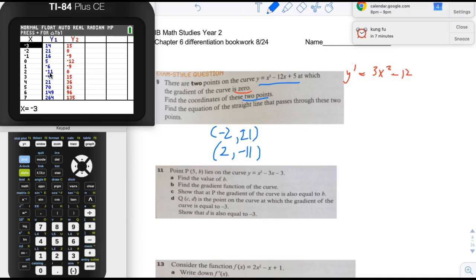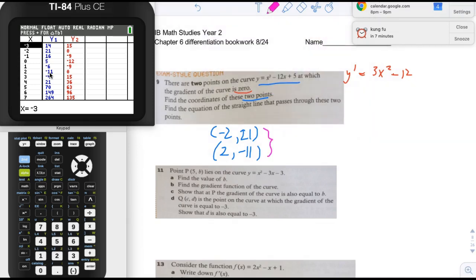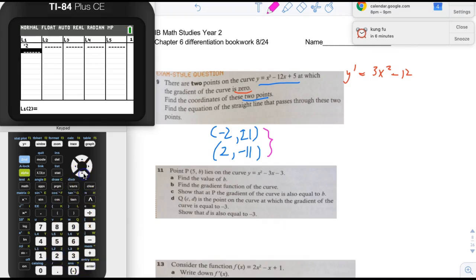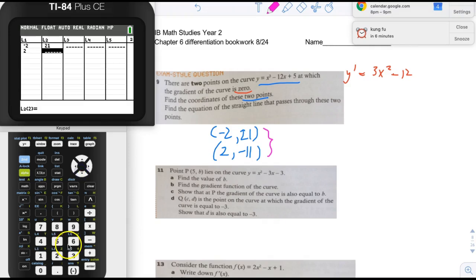Then it says to find the equation of a straight line that passes through these 2 points. So now we're going back a few chapters ago. Do you remember how to find a line that goes through 2 points like that with the calculator? It's very easy. You go stat edit and just do a linear regression between the 2 points. So we're going to put negative 2, 2 as the x coordinates, and the y coordinates are 21 and negative 11.